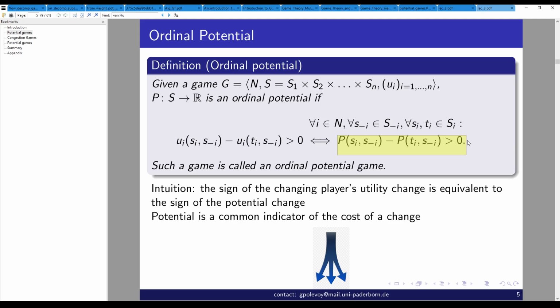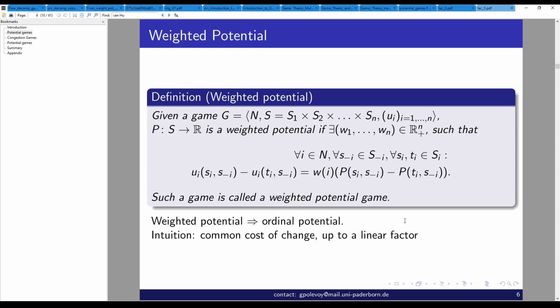Well, we can just invert it, and so the utility change is positive if and only if the potential change is positive, and that's equivalent to saying that the utility change is non-negative if and only if the potential change is non-negative, and so on. Now, so we have a common indicator for all the players of whether the change is positive or negative. Not actually of the cost itself, but of the direction of the change of the cost.